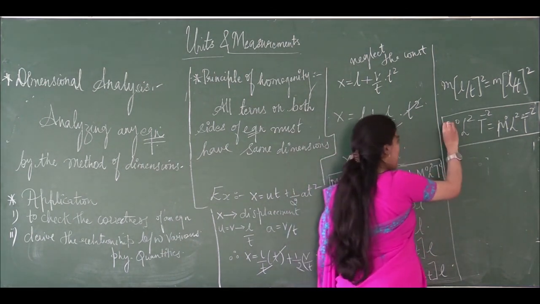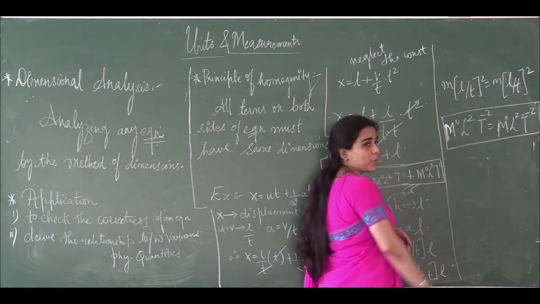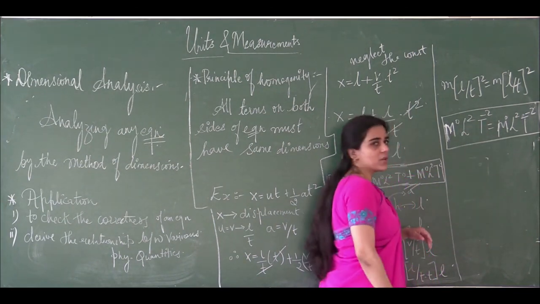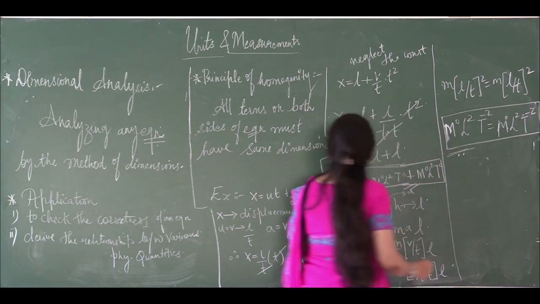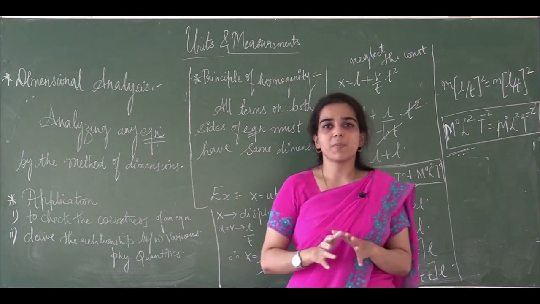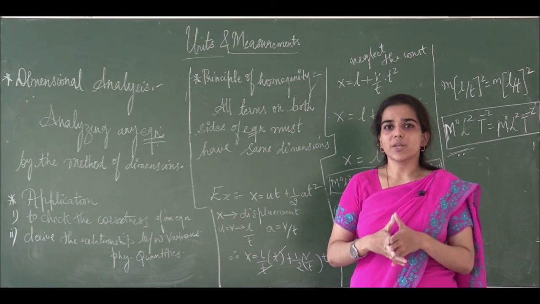Therefore we have the dimensional formula for the given equation as M naught L square t to the power of minus 2 on both sides. So this is called the principle of homogeneity. This part completes your chapter called units and measurement.